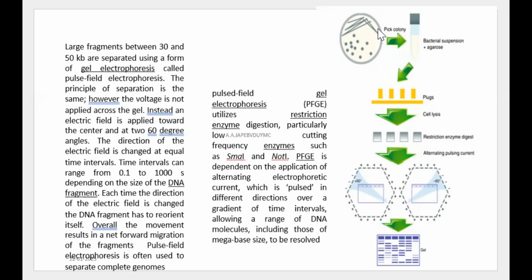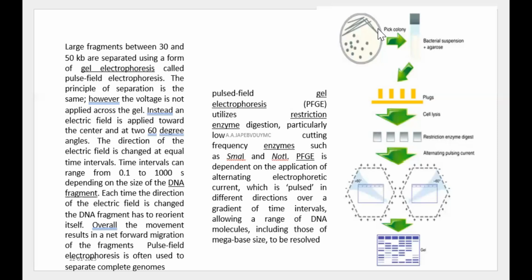What is the principle of the method? The principle is that separation is as per the electrophoretic separation principle only, that is, electrophoretic mobility of a charged entity under an applied electric field. However, the voltage is not applied across the gel, rather it is applied towards the center and at a 60-degree angle of the gel.